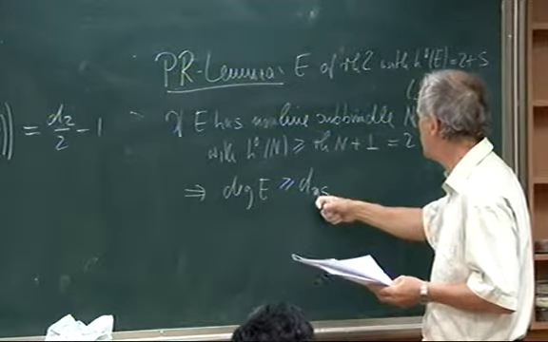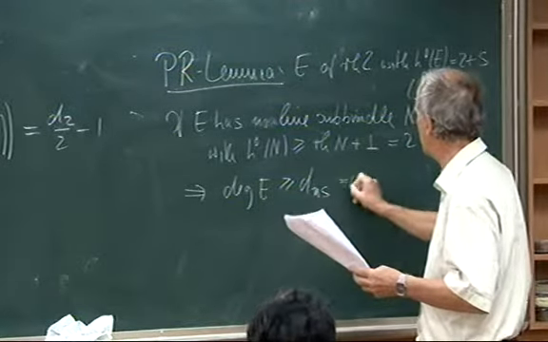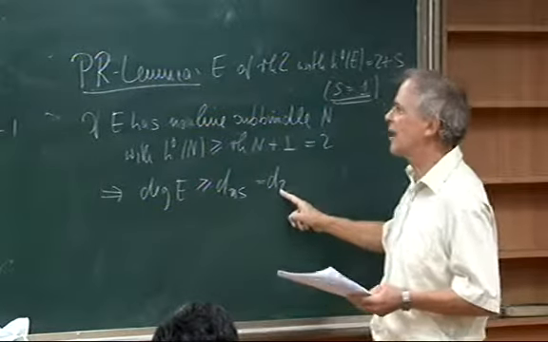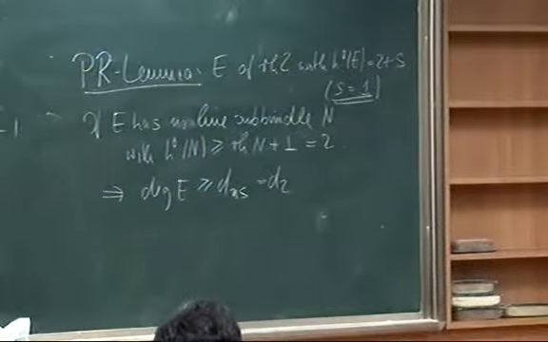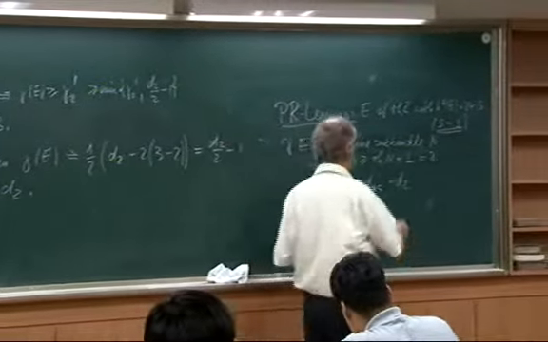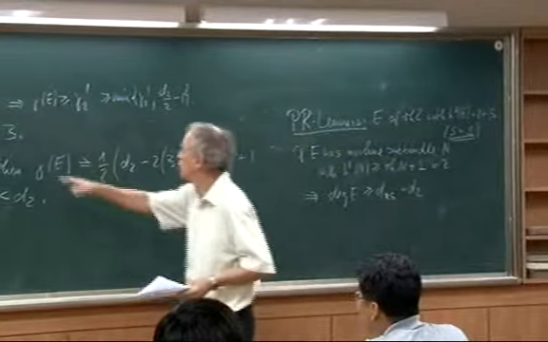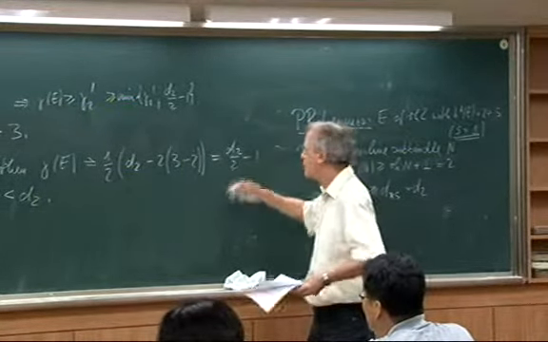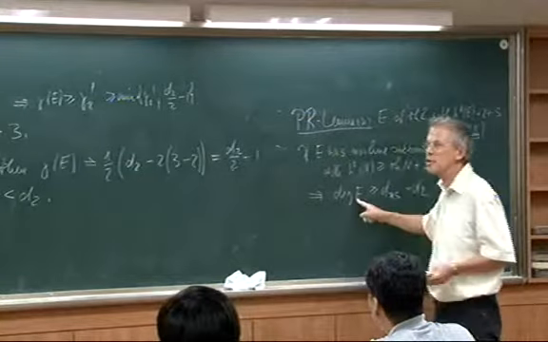Now n is 2 and s is 1, so this is d2. So again we get degree E is greater or equal to 2. And we can assume that we have the same inequality here. Okay? So then we are finished by the lemma of Paranjape and Ramanan.